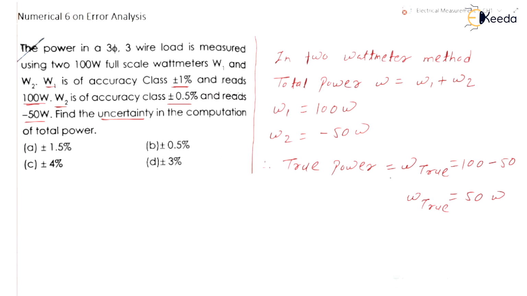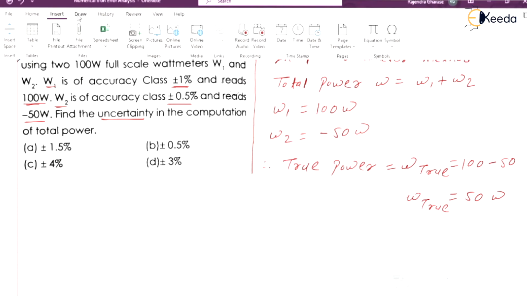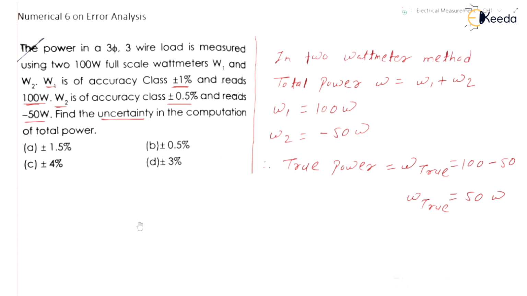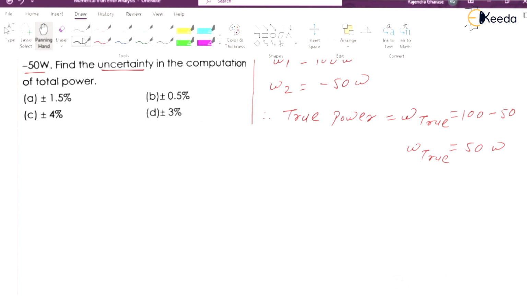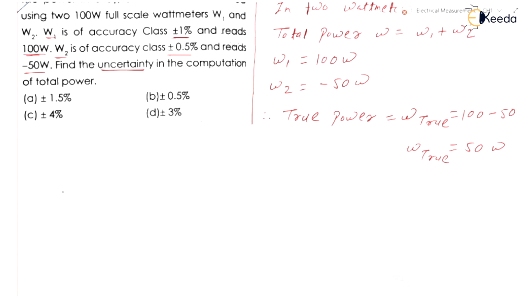Now in order to find the error, we need to find the measured power also. Next, maximum error. W is equal to W1 plus W2.